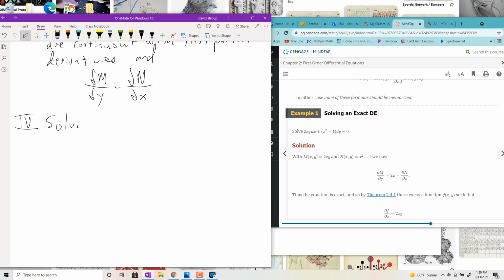So solving these things, what do we need to do?